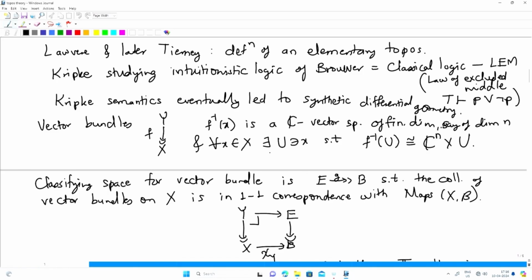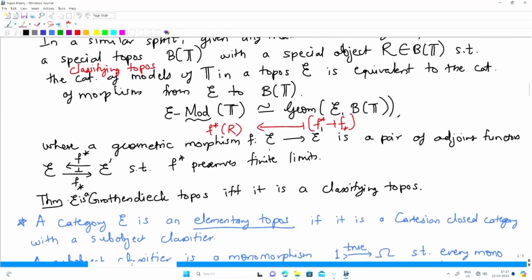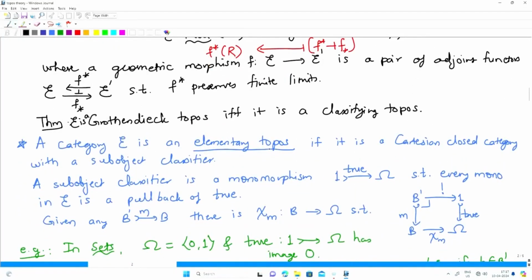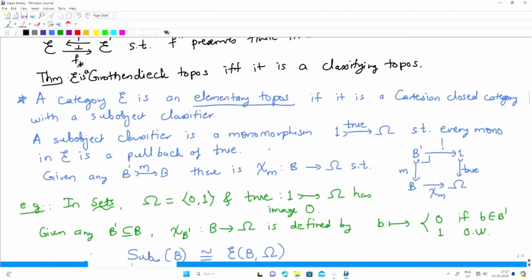Okay, so we saw the definition. Let me remind you. C is an elementary topos if it is a Cartesian closed category with a subobject classifier. So this subobject classifier is something very important. It's the universal subobject, universal monomorphism, such that every monomorphism is a pullback of this universal monomorphism in a unique way.